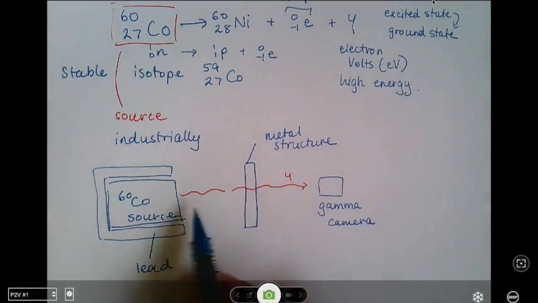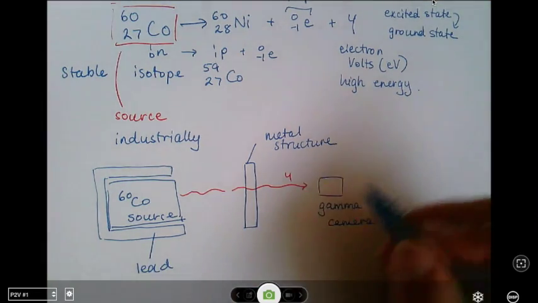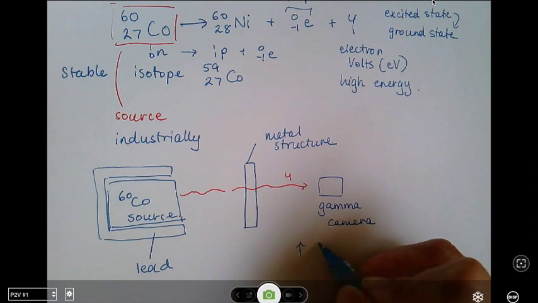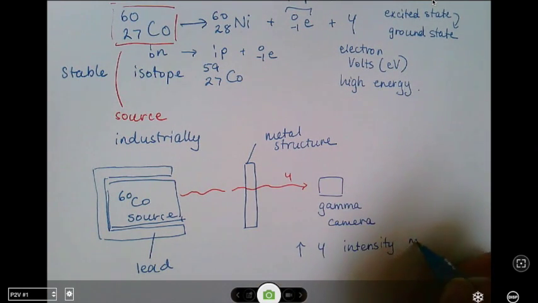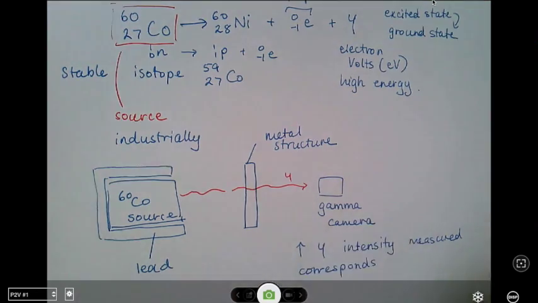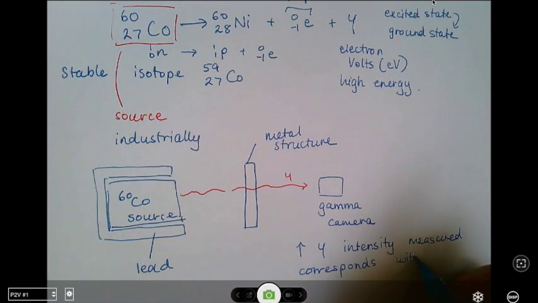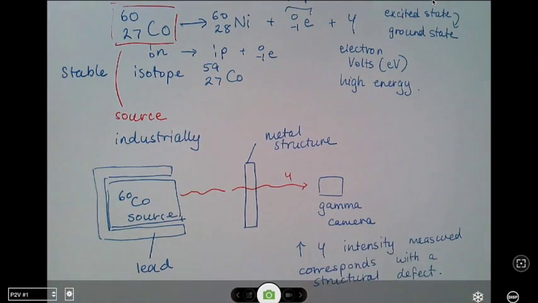And that's going to detect the proportion of gamma that's able to go through the metal structure. Obviously, an increased gamma intensity measured by the camera will correspond with a structural defect. And that's cobalt-60.